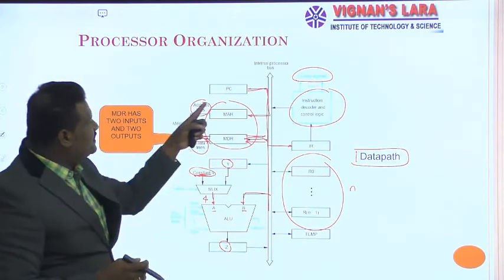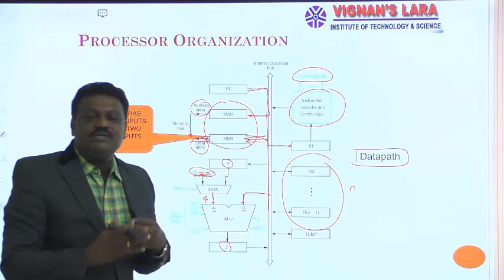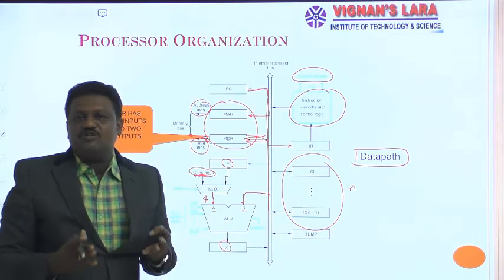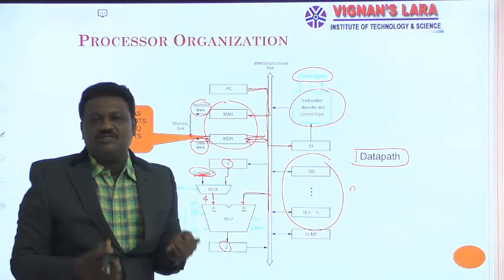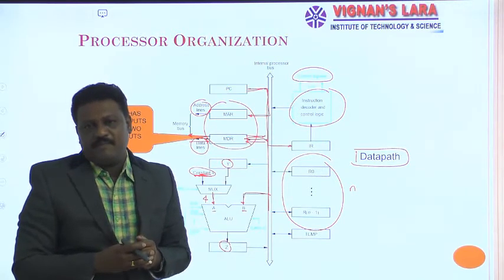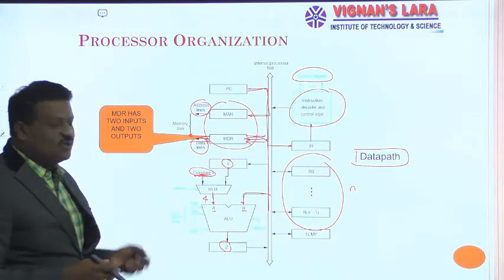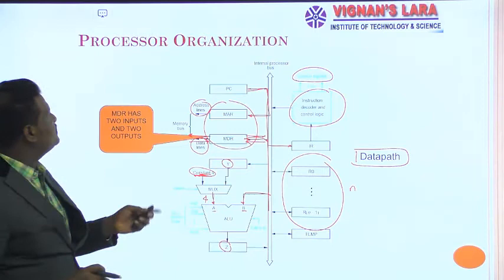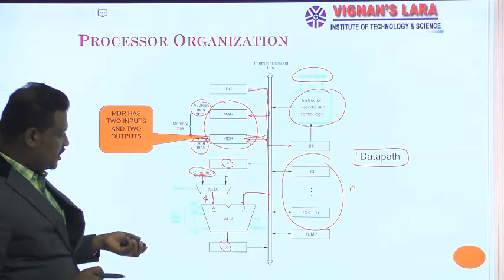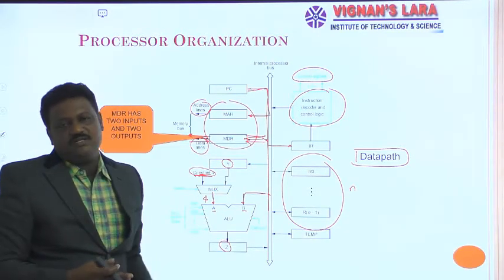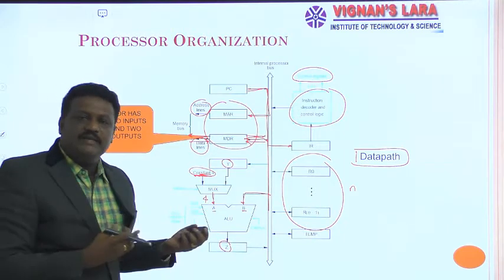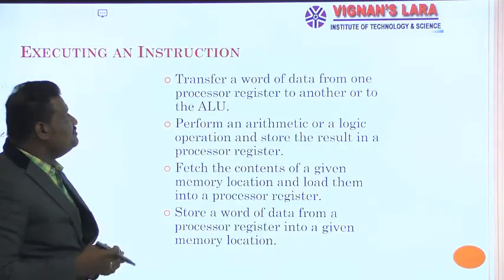With the help of this data path, I can do different operations internal to my CPU once I have fetched the instruction from the memory. So that is the thing you have to remember regarding the processor organization of a data path inside my CPU, or inside my processor.